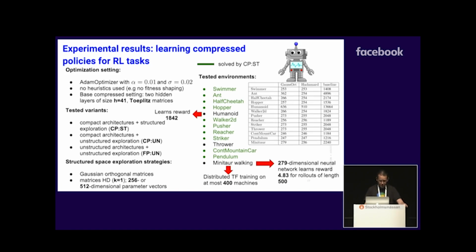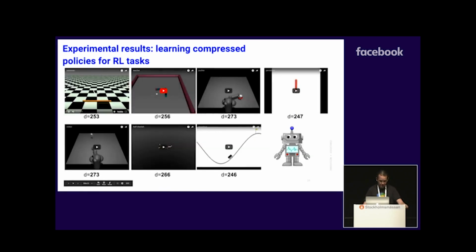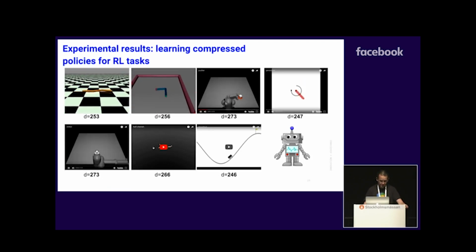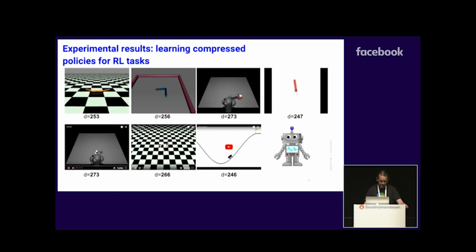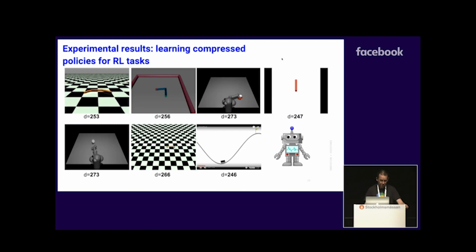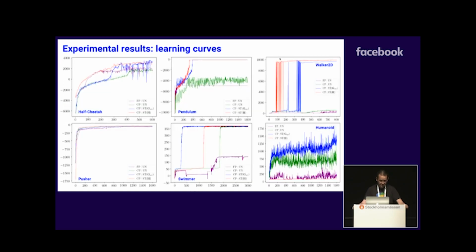What we managed to do is compress the number of parameters of the policy, at the same time learn good quality policies. So all these videos that you see here, I basically learned with structured matrices and structured gradient sensing, and the parameter is the number of parameters of the policy that you need to learn these behaviors. So it's a much more compact version of what was done before. And at the very end, the learning curves that we get for a bunch of OpenAI Gym tasks, where we basically compared our approach with the standard one.